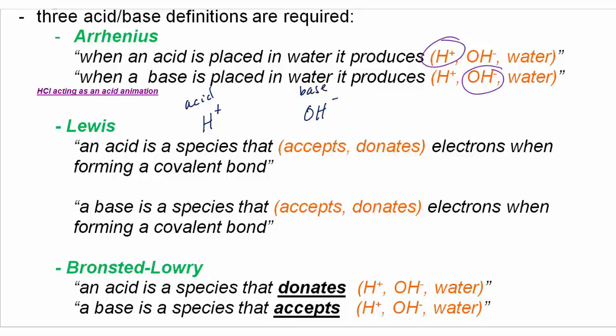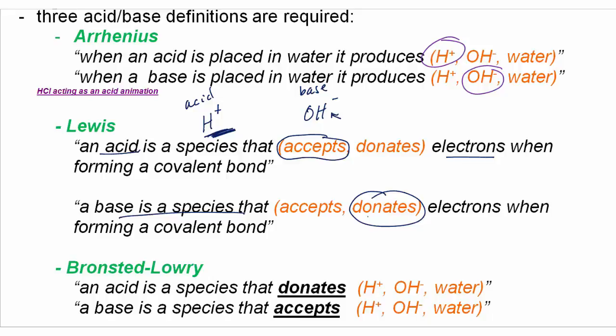Okay, that's what Arrhenius was talking about. An acid can do what? Accept or donate electrons. Well, I have H+. It's positive. Well, positive can accept electrons, right? A base is a species that, here's my base, it's negative, donates electrons. That's how I keep these straight when forming a covalent bond for a Lewis acid or base.